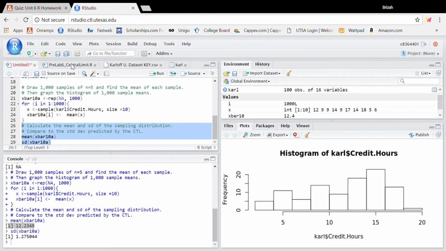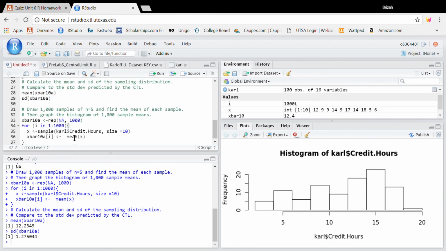So we will copy and paste, Control C. We will be using 30 for the sample size now.